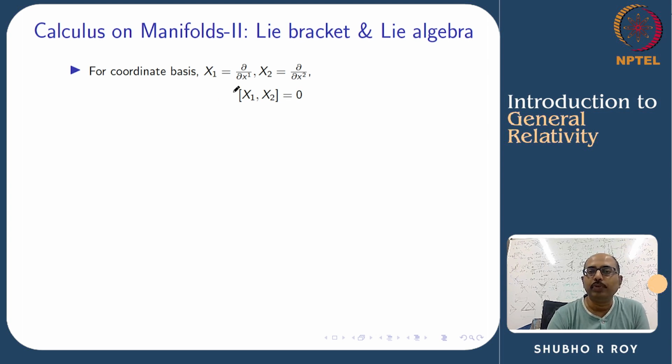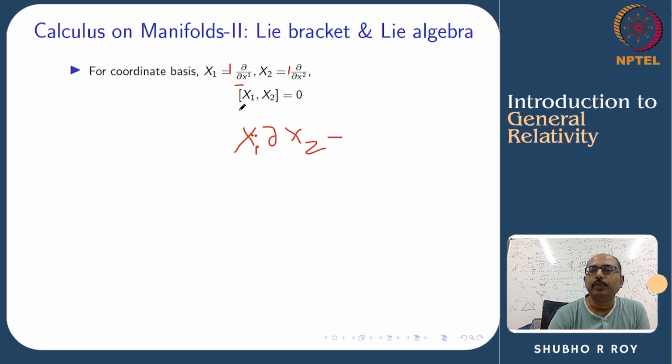Now let's compute the Lie bracket for simple cases in which we have the coordinate basis. The basis vector is del x1 and the component is 1. The basis vector is del x2 and the component is 1 as well. What is the Lie bracket of these two? Because the components are constant, del x1 derivative of del x2 minus the reverse order is going to be 0, because the components are 1, which are constant.